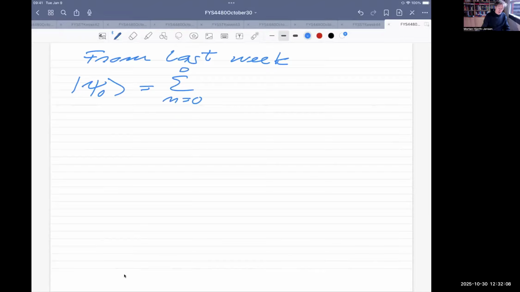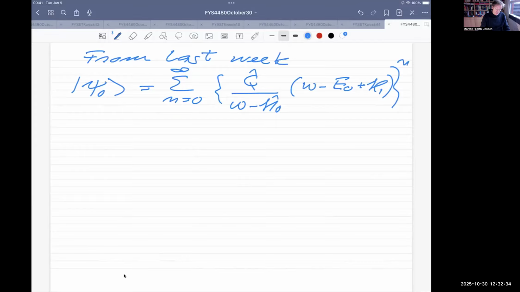We have a sum over n from 0, in principle to infinity, with this operator Q. Let me quickly remind you of some of these quantities. So we have H0, which is the non-interacting system, minus E0, which now contains the exact energy, plus the interaction piece. And this is to the power of n multiplied with phi 0. So this is the expression for the wave function.